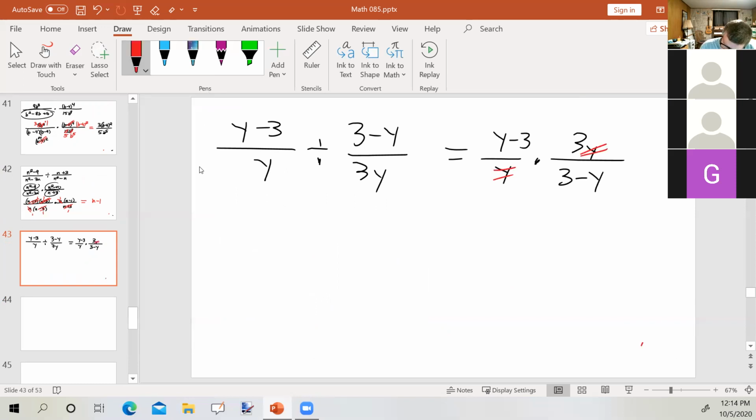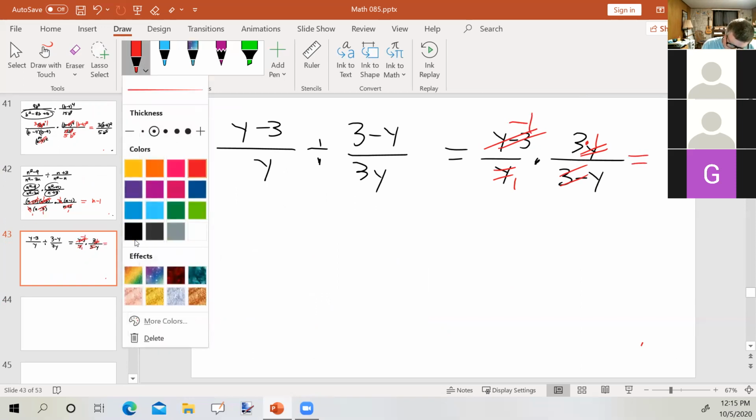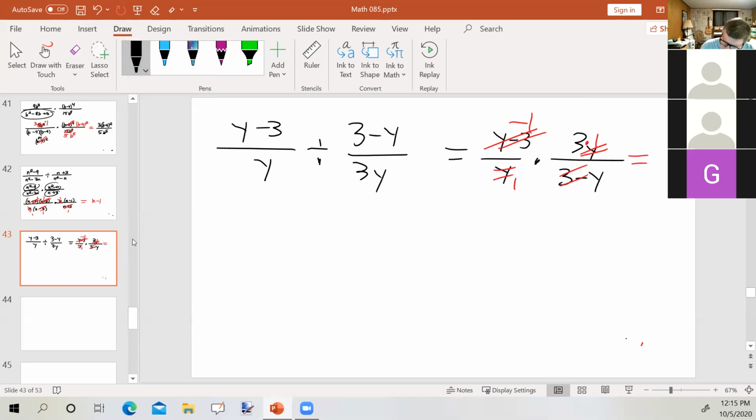This y and this y reduced to 1 over 1. What about this and that? What does that reduce down to? -1. Right, so in the numerator, I've got -1 times 3, and in the denominator, I've just got 1. So final answer, -3.